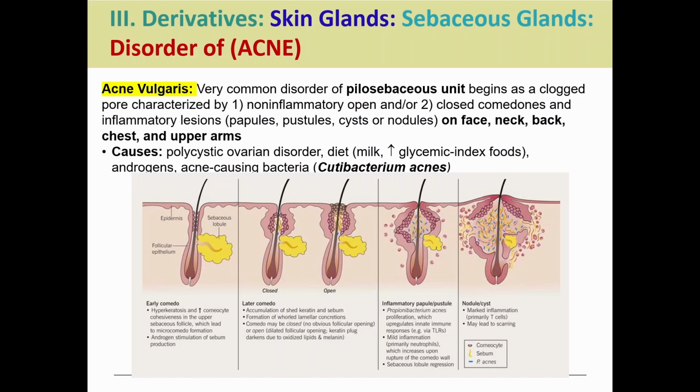Diet. Some people have found that if they cut certain things out of their diet or limit things like milk or high glycemic index foods, it helps them. Androgens. So again, this is where that hormone part comes in. And it's also why acne tends to pop up around puberty when hormone levels are wildly changing. And then exposure to bacteria, C. acnes, which can cause infection.